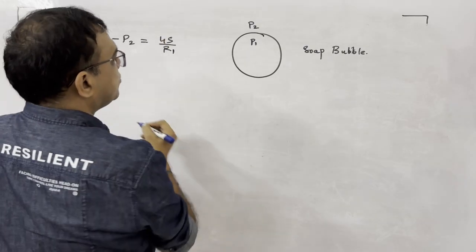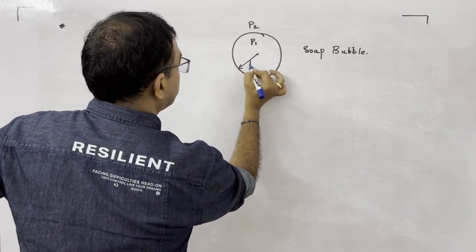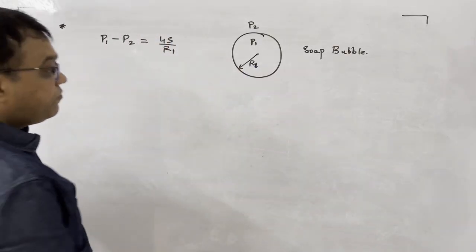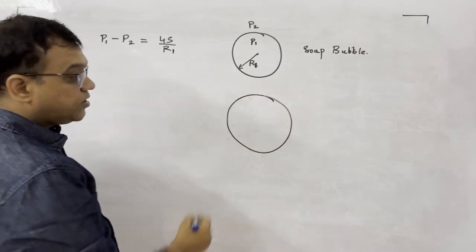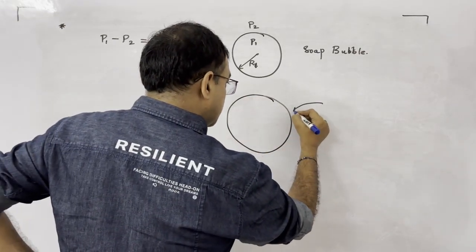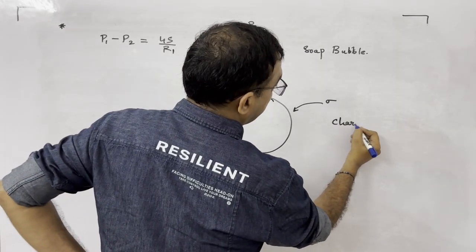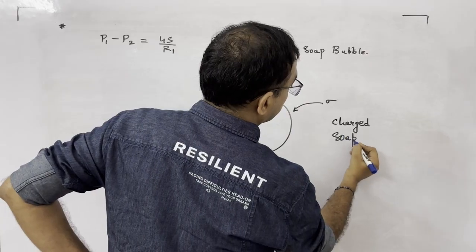Say here I want to write R1 because I am going to do something which will change the radius of the bubble. Now if we give some charge to this bubble, I will call it a charged soap bubble.